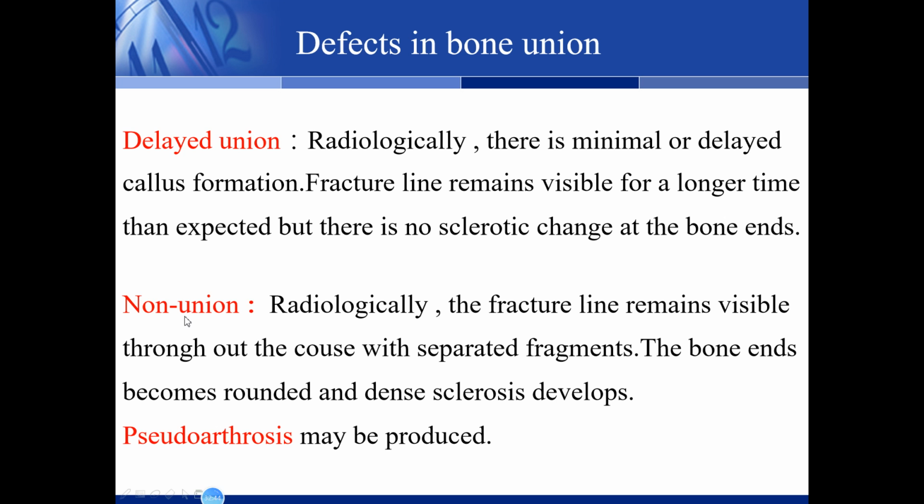In non-union, radiologically, the fracture line remains visible throughout the course with separated fragments. The bone ends become rounded and dense. Sclerosis develops, and pseudarthrosis may be produced.